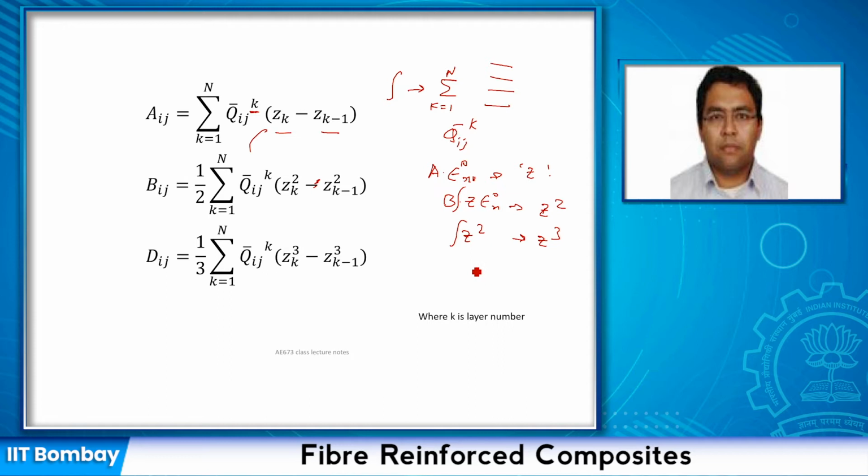So this A, B and D are just to make it simpler, in terms of readability, and also for calculation purpose. So we collect all the terms which are linear in z, all the terms which are quadratic in z, and all the terms which are cubic in z, and we calculate these A, B, D matrices. These are nothing but terms which are coming out of the previous slides, where I have shown the expansion of the integral. So nothing new I am doing here.